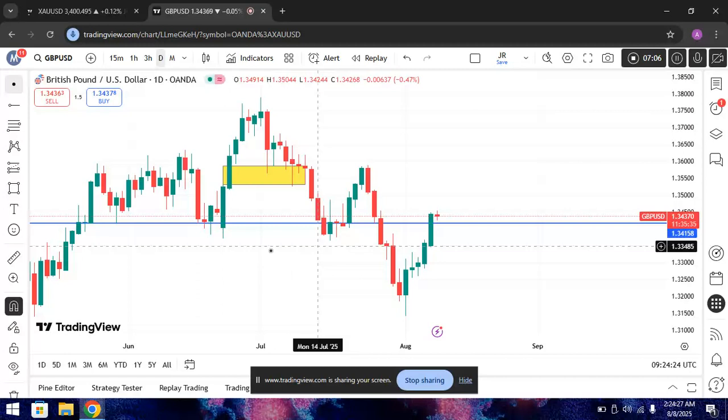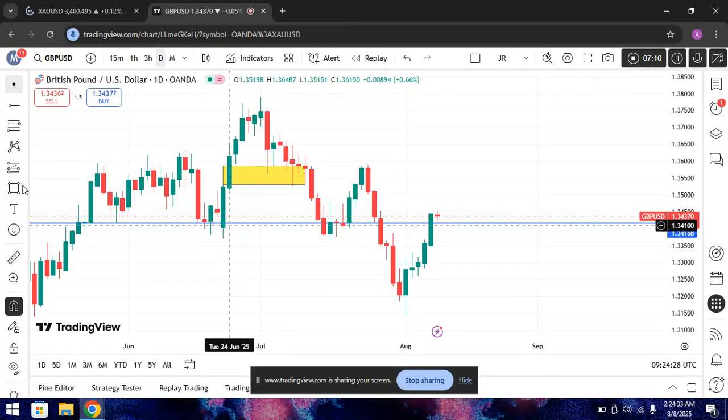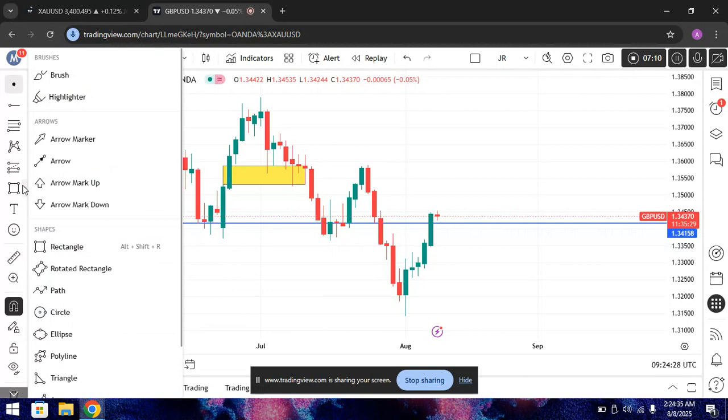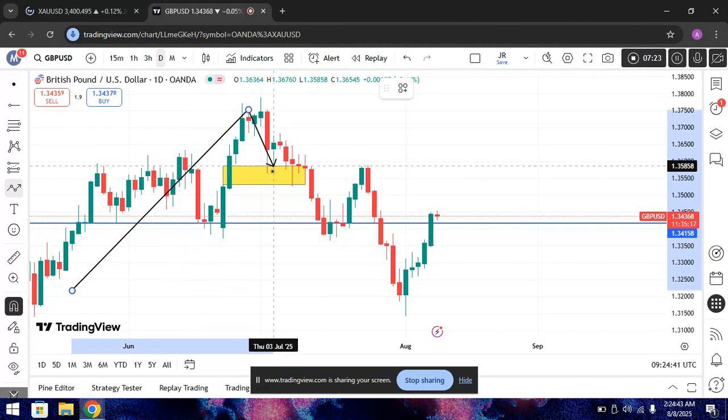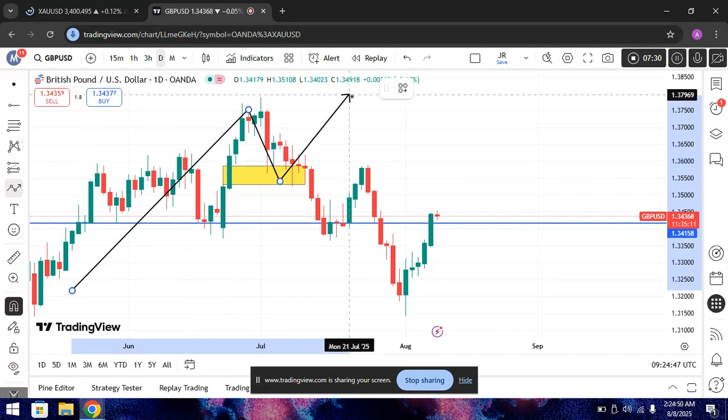What everyone who trades FVGs expects is that when prices come back down to this box here, prices will bounce off and continue up, right? That's what they expect.